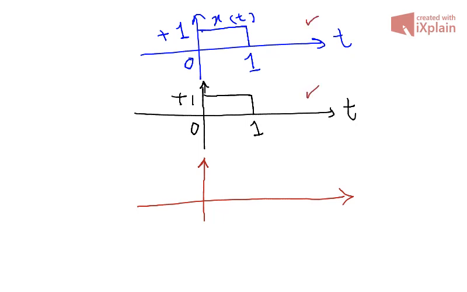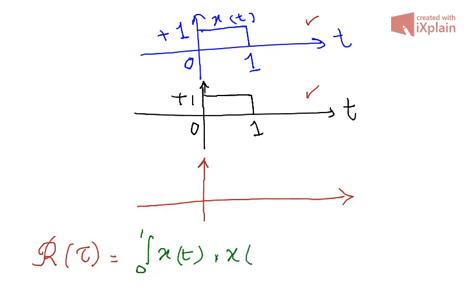So our R of tau, from the above expression, if we plug in these values, is the integral from 0 to 1, the time interval, of x of t multiplied with x of t minus tau dt.